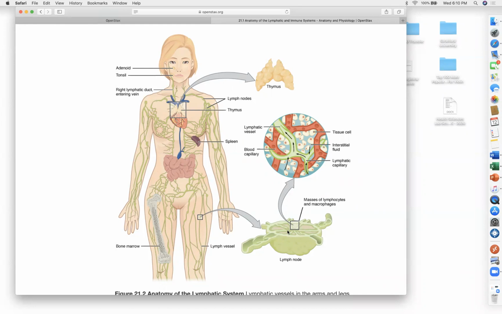Now, I want you to look at your lymph nodes as kind of like outposts, right? Let's say, for example, I have a really bad sore throat, okay? My bones are making the white blood cells. Don't you think it's going to take a while for some of the white blood cells in my lymph fluid to reach up to my throat?